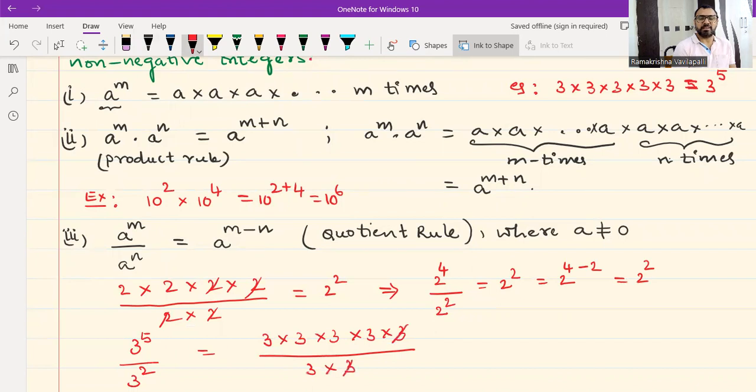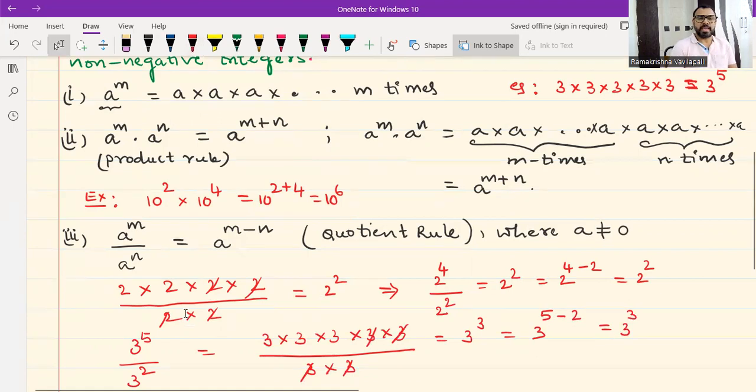Simply you can cancel. So we got 3 power 3. Nothing but we just subtract the denominator exponent from the numerator exponent. Numerator exponent is 5, whereas denominator exponent is 2. So we get 3 to the power of 3.